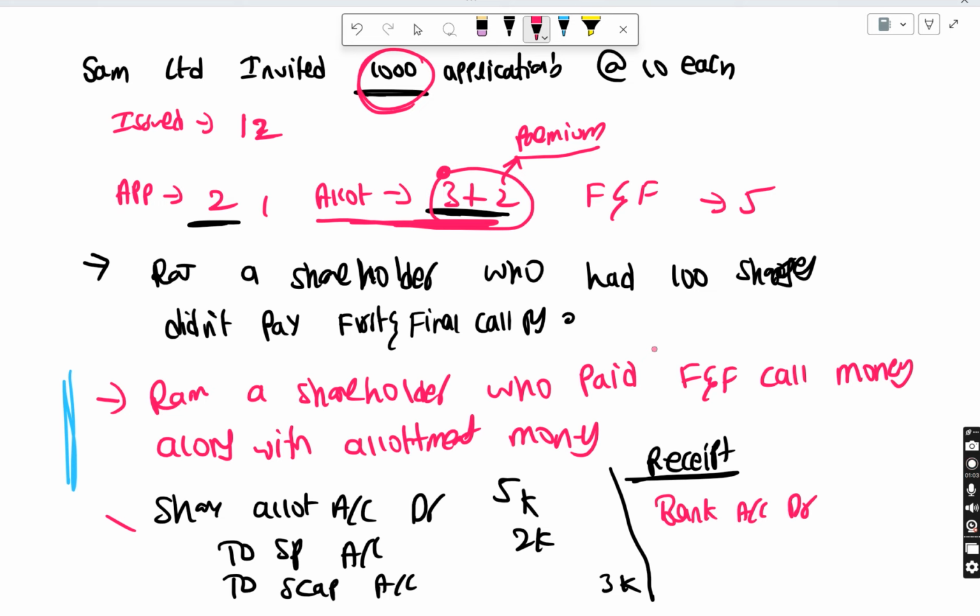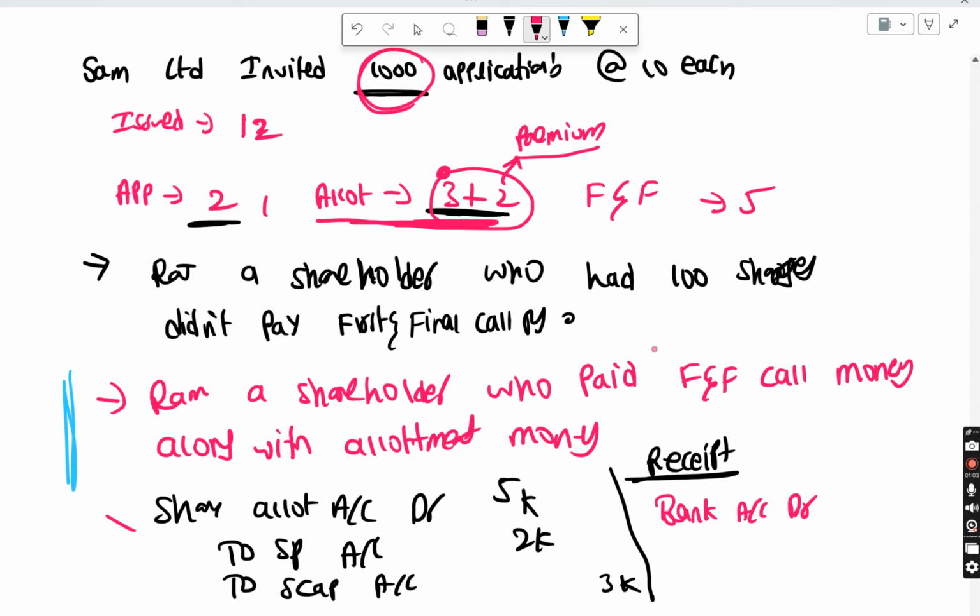Think again. Both are there, Raj also is there, Ram also is there. Both Raj and Ram continue, it's a continued question only.